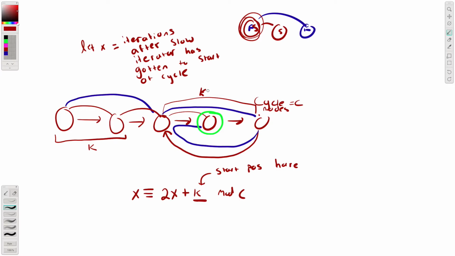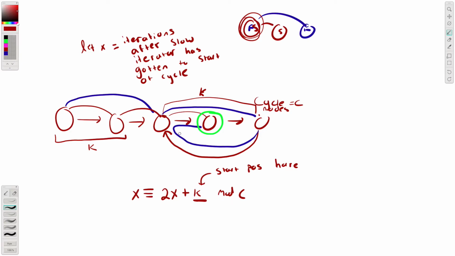And we know it's k because this distance is k, and the hare went double, so it did move 2k positions by the time the tortoise got to here. It did move 2k positions, but it only moved k positions in the cycle.